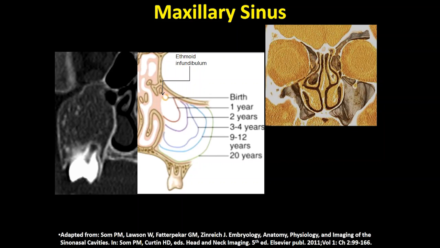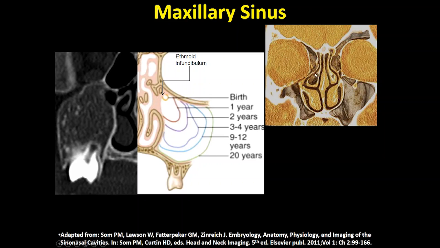Some important variants: you can have the hypoplastic maxillary sinus, to be distinguished from the silent sinus syndrome. Important to notice that in the setting of either of these anatomic variants, the uncinate process is extremely close to the inferior wall of the orbit.